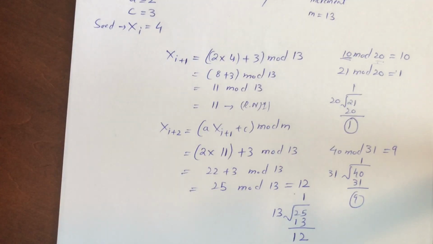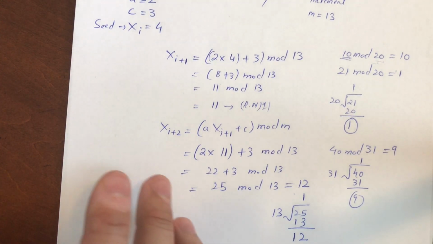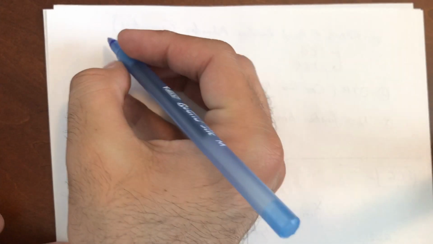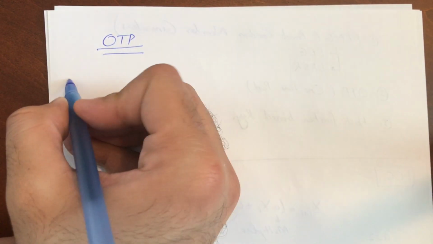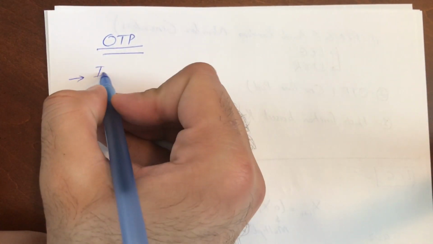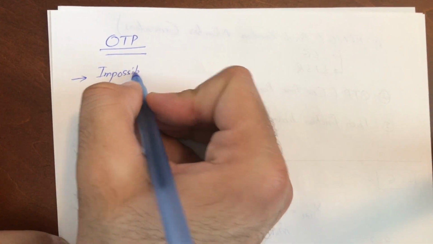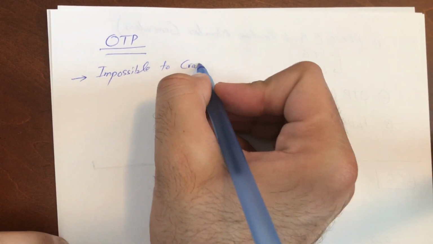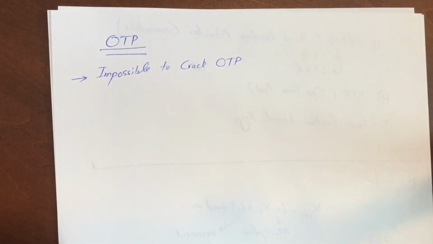Next is the one-time pad, or one-time password, whatever you want to name it. One-time pad is kind of a true random number. In fact, one party actually generates the one-time pad. Please remember one thing: it is theoretically impossible to crack OTP, because there is no pattern, nothing like that.